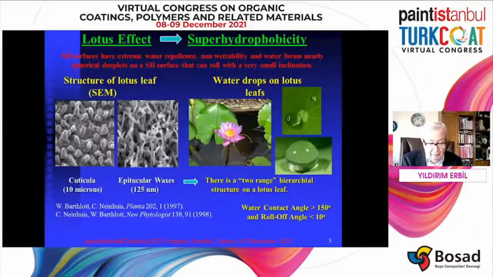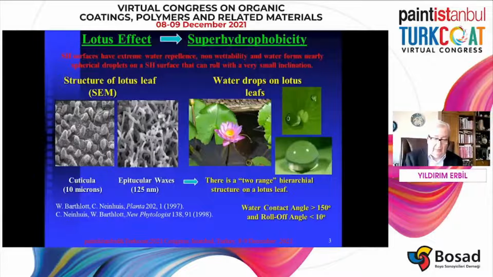They have a roughness on the surface with two size ranges. In the first range, there is a cuticula around 10 micron size, and on the top of this cuticula there are epicuticular waxes, very small, tiny structures with a dimension of about 125 nanometer.